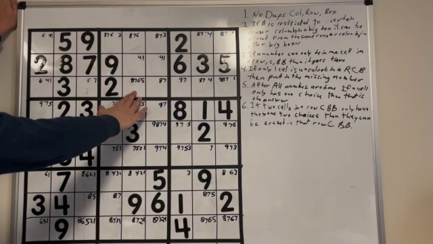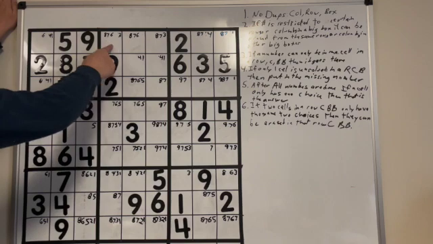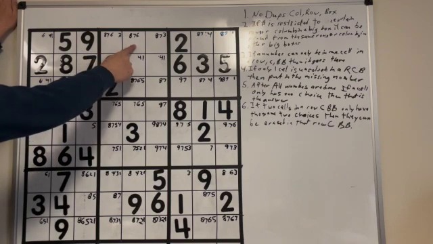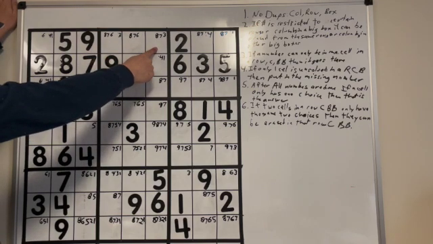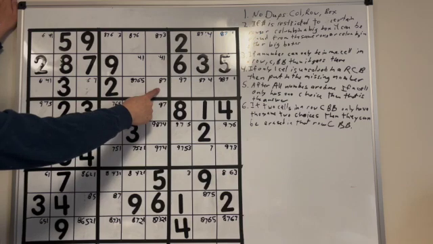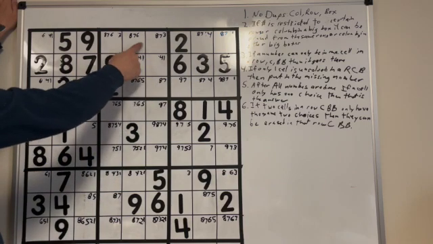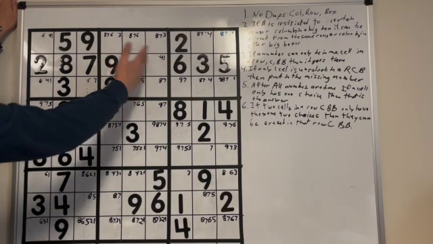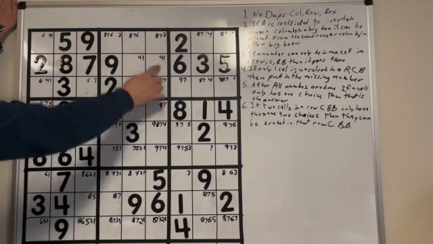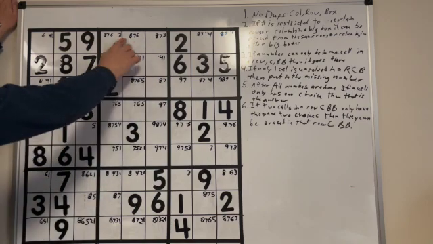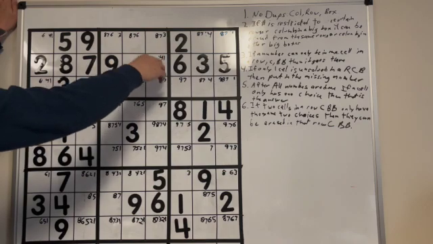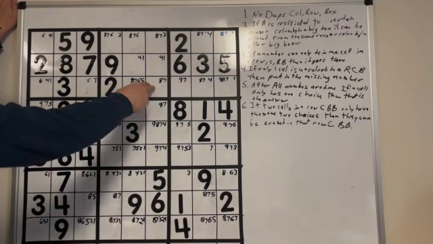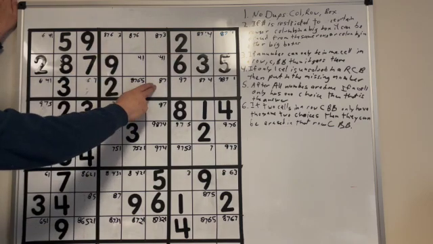Okay? So let's look at this. 8763, 876, 873, 87. That's 4 options, 8, 7, 6, or 3, within 4 cells, all by themselves. There's 2 8s, there's 2 7s, there's 2 6s, there's 2 3s. 4 options, 4 boxes.